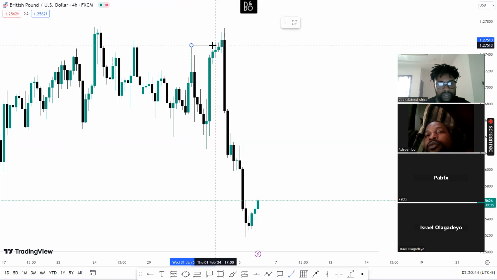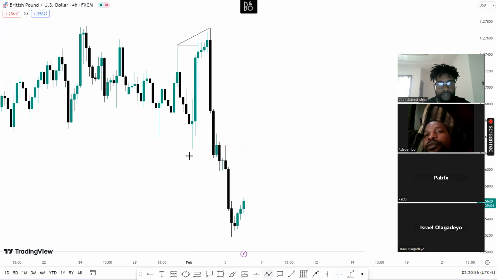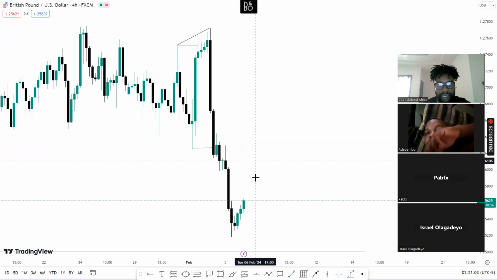We see this stop hunt, and there is an SMT here as well. There is an SMT here, and we have a break of structure. I have a breakout structure and a breakout block too.